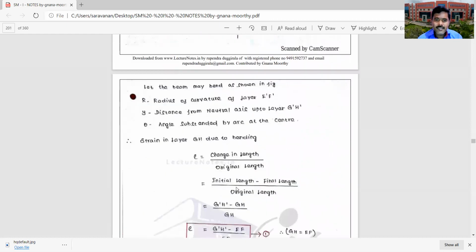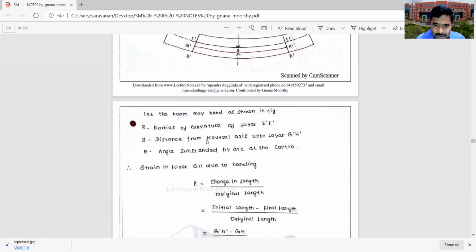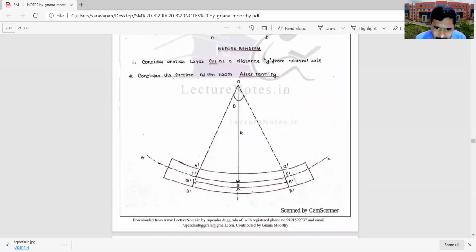Now, the strain in the layer GH due to the bending. Due to bending, there will be strain in the layer GH. The strain e is equal to change in length divided by original length. The GH layer becomes G dash H dash, so the final length is G dash H dash after bending.